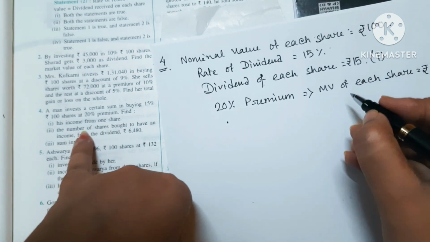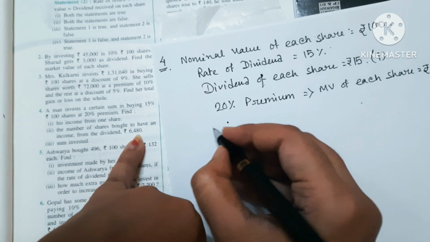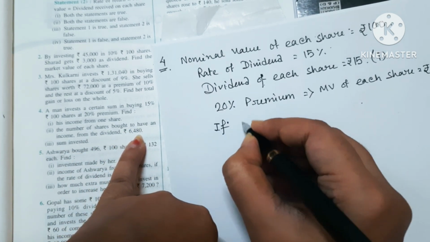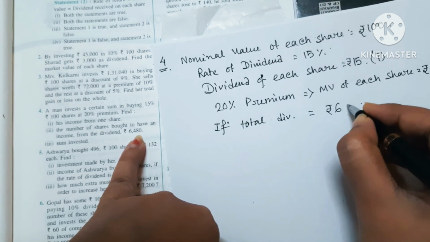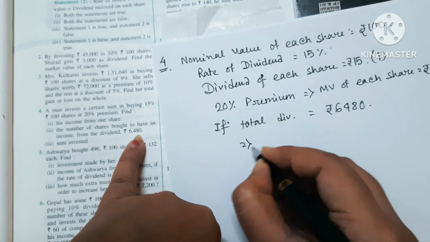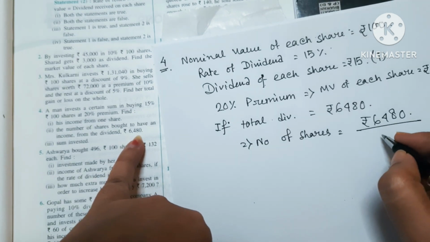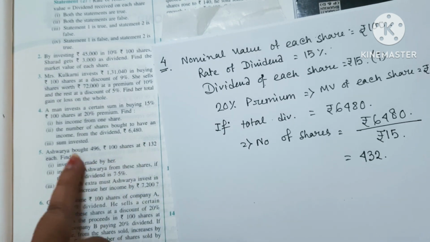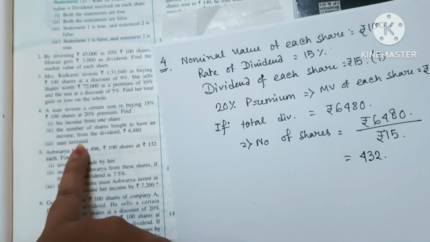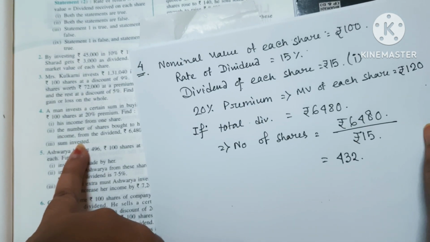Okay, now number of shares bought to have an income from dividend, this one. So if total dividend rupees 6480, that means number of shares 6480 divided by this dividend, this is the number of shares. Okay, now sum invested, that means number of shares into market value 120.